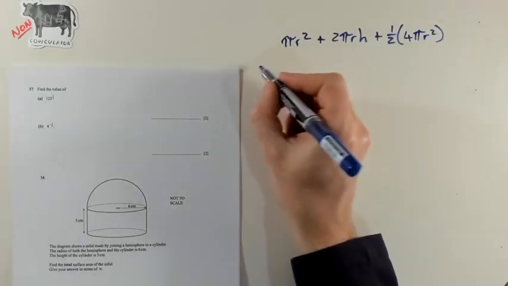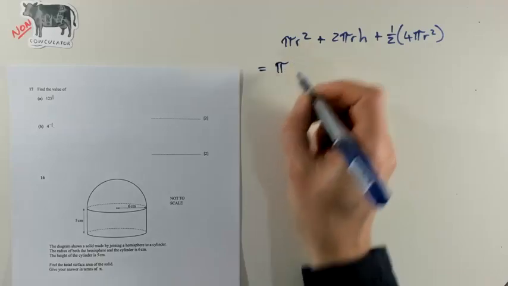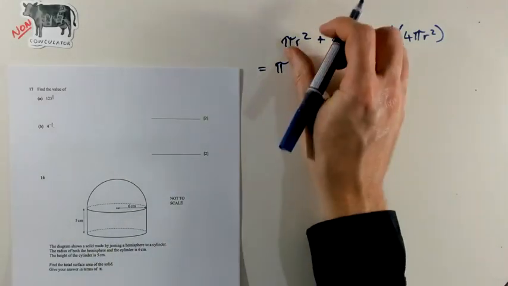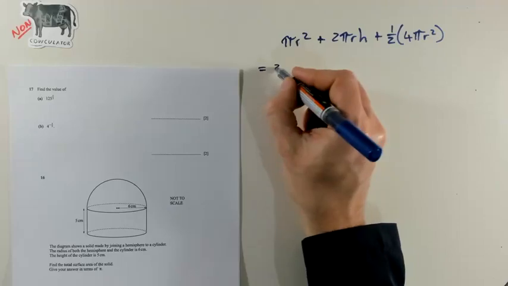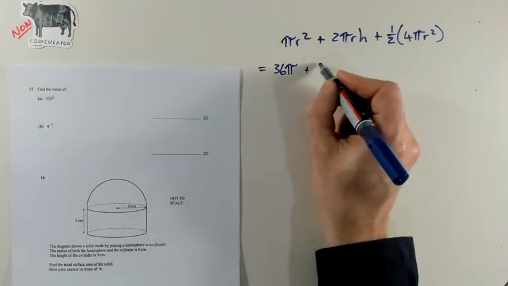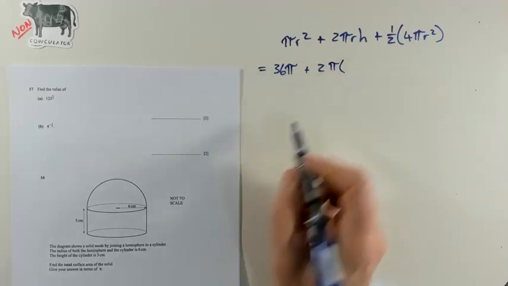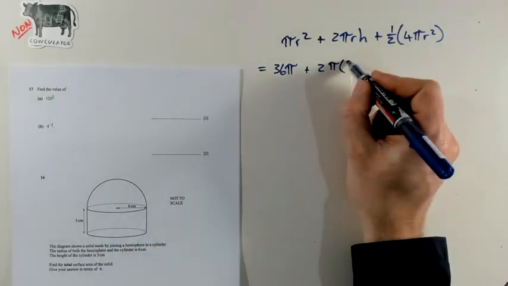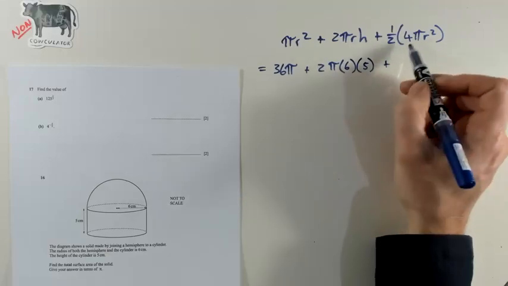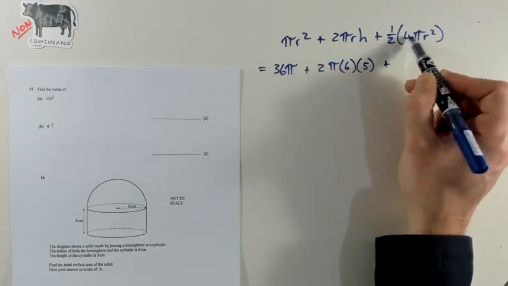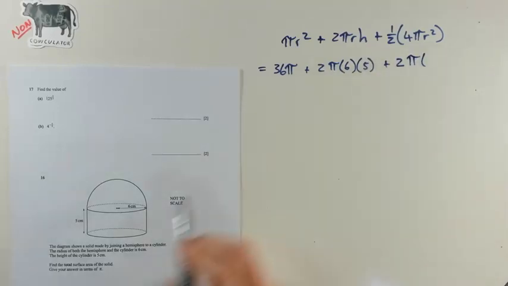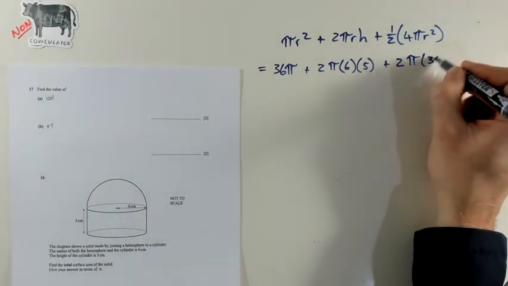And now we just have to fill in our parts. So this is the circle at the bottom. So that's going to be 6 squared, which is 36. I'll just write it immediately as 36 pi, because it's 6 times 6. Then we have 2 times pi. The radius is 6 and the height is 5. Okay. I'm going to cancel the half and the 4, so I'm going to have a 2 and then pi, and then this radius is also going to be 36.